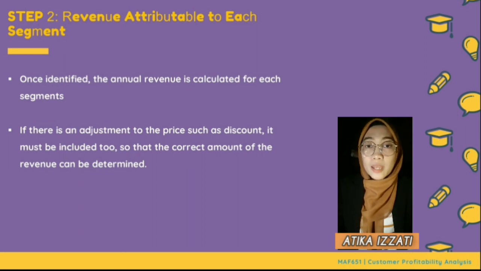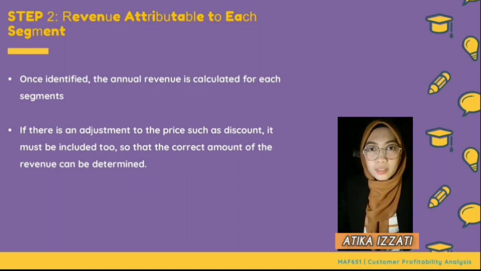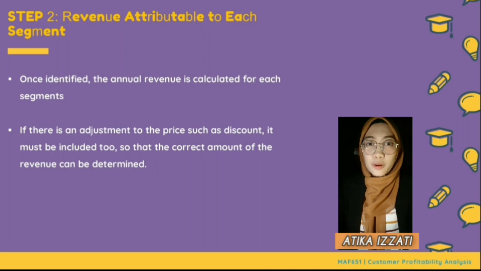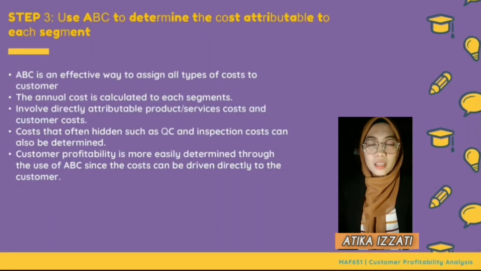Adjustments to the price paid by the customer for a product or service, such as discount, service fee, or product enhancement fee, must be included to determine the true amount of revenue generated by each customer and the aggregated amount calculated for the customer segment.